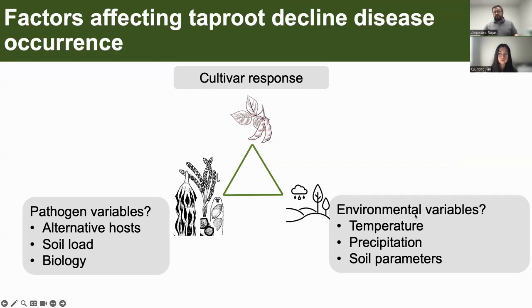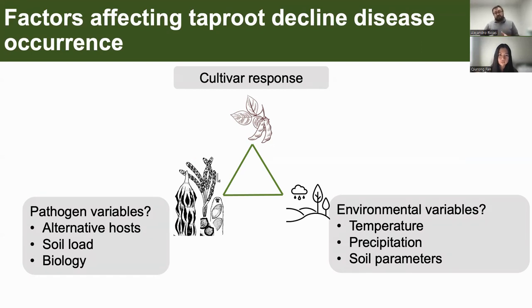So we don't understand the role of temperature, precipitation, and soil parameters. But we have anecdotal evidence that loamy soils are good environments for this fungus to thrive. Since the disease only happens in the southeast, we know that temperature could play an important role. We don't know the roles of environmental variables in the specific case of this pathogen.